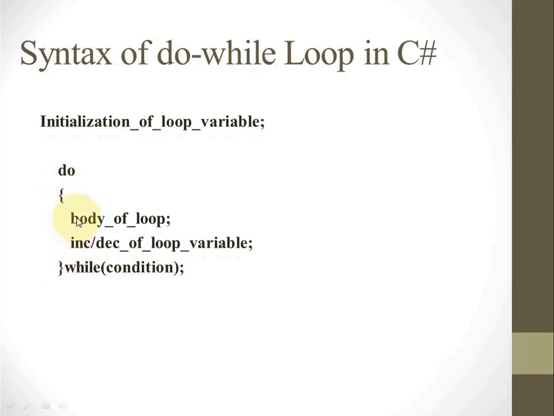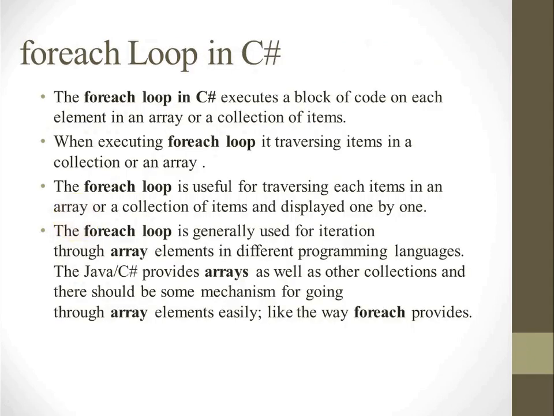So now let's see the fourth type of loop, which is the for each loop. So students, we have already learned and programmed the for loop, the while loop, and the do while loop in different computer languages.